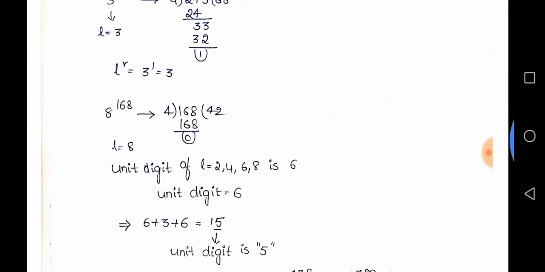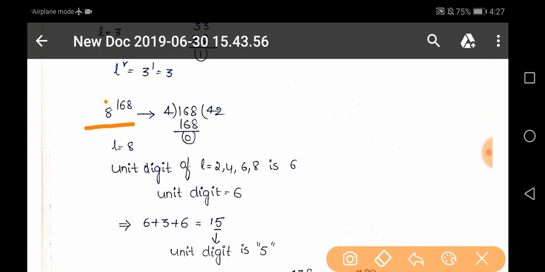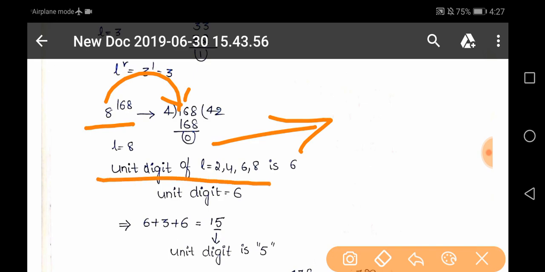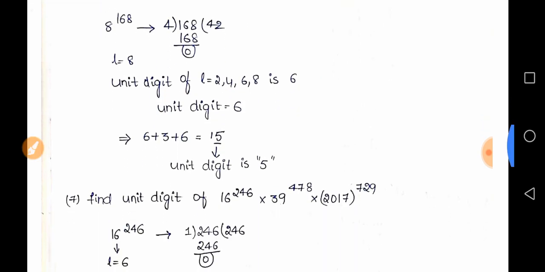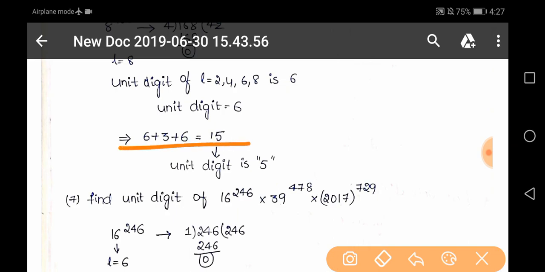And 8 power 168. The cyclicity of 8 is also 4. Solving, we got 0 as the remainder. As we know, for the last digit 2, 4, 6, 8, the unit digit is 6. So we got 6, 3 and 6. Adding, 3 plus 6 plus 6 is 15. The answer is 15, but they asked for the unit digit of the given number. So the unit digit is 5 and the answer to the question is 5.